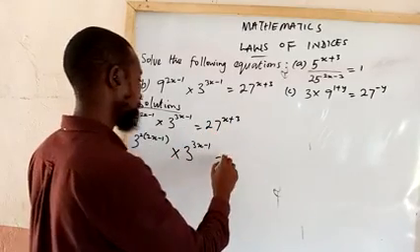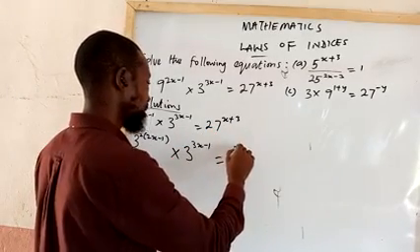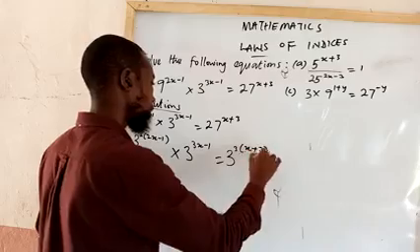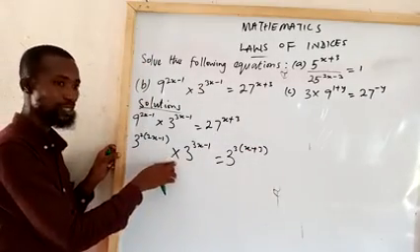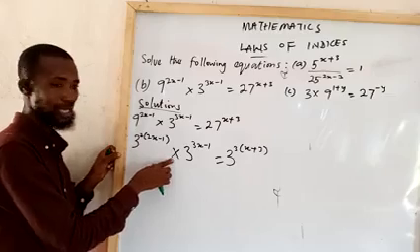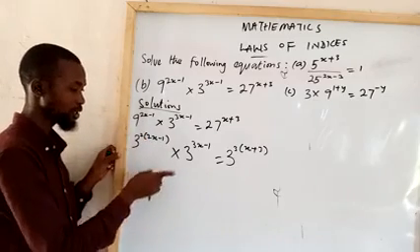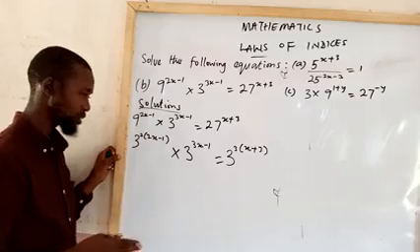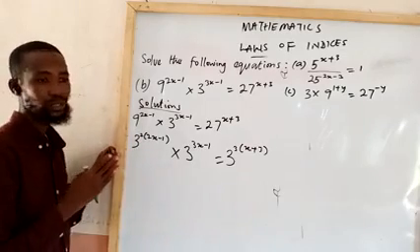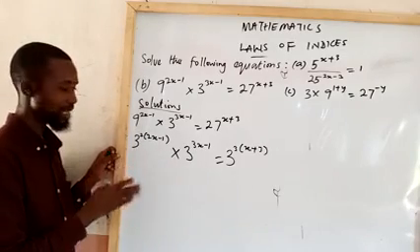So that becomes 3 raised to power 3 into x plus 3. Then the next thing is you're having a multiplication sign. And remember what usually happens whenever we come across multiplication between two different indices. Let's check those bases. Are the bases the same thing?